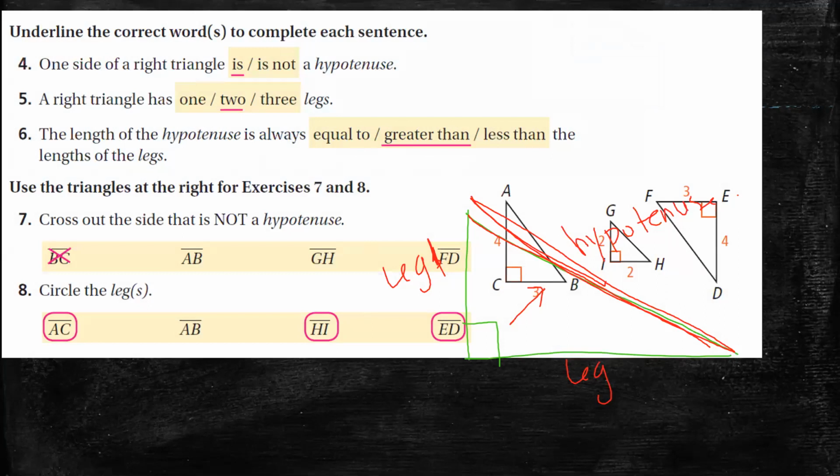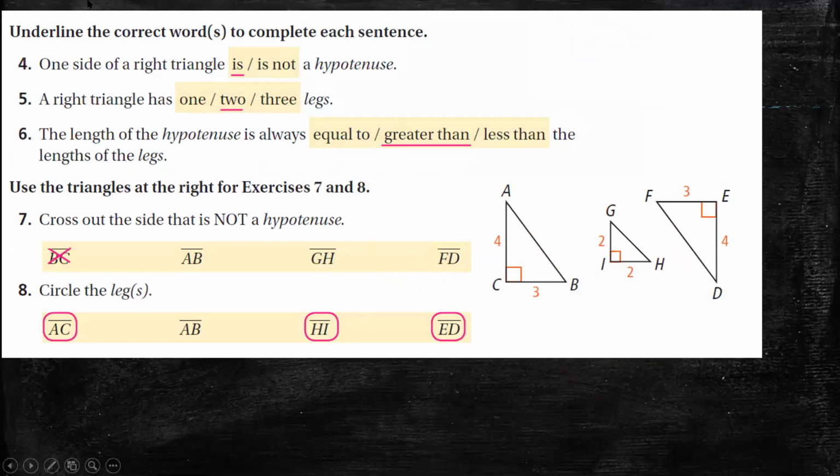Now, one side of a right triangle is a hypotenuse, and 2 sides are legs. A right triangle has 2 legs and 1 hypotenuse, and the length of the hypotenuse is always greater than the length of the legs, because it is the longest side.